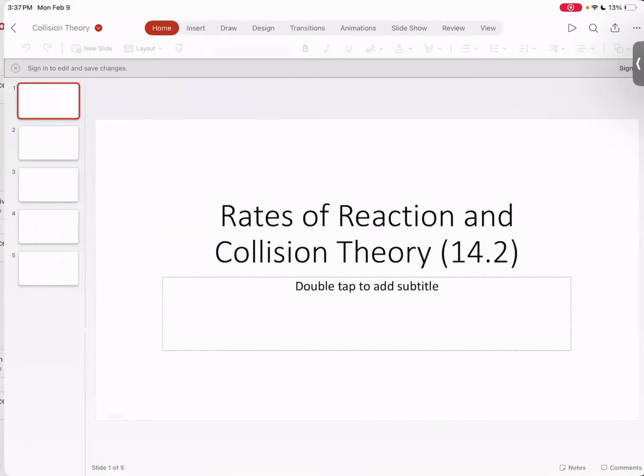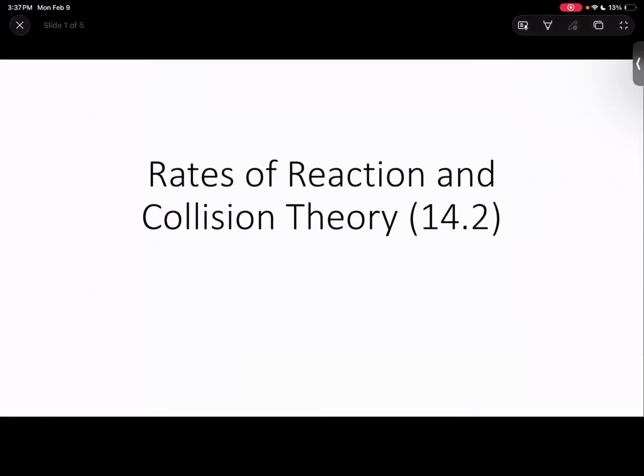Now what we're going to do is move into rates of reaction. And tomorrow, what we're going to be doing is related to what you will be doing in lab next Monday. Tomorrow, and part of Thursday, is going to be related to that, so you'll already have all the information.